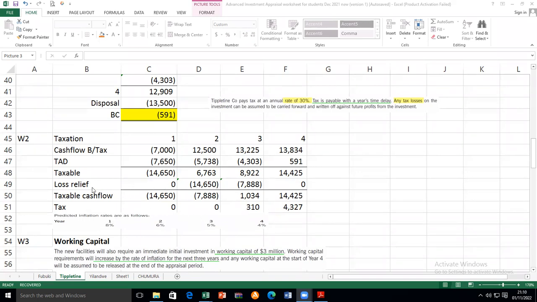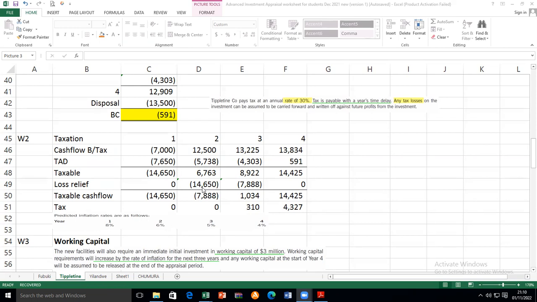Then you bring in the loss relief. So in year one, we made the loss. This loss is available in year two. So for the taxable cash flows here, there's a minus, so we won't tax anything.